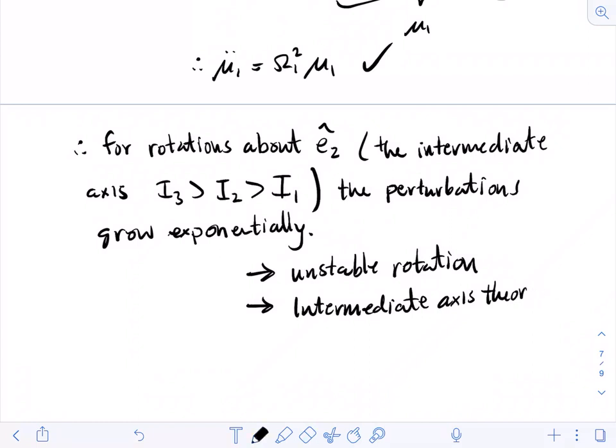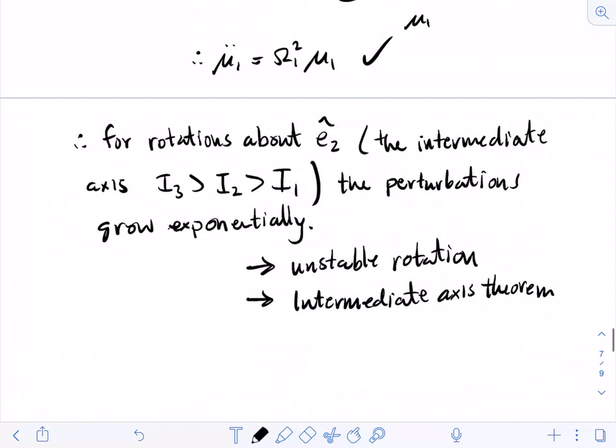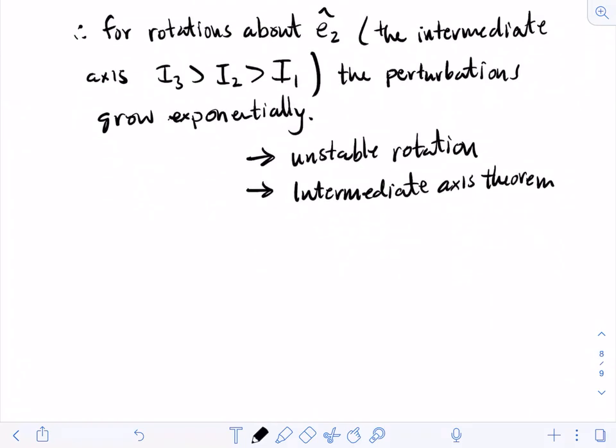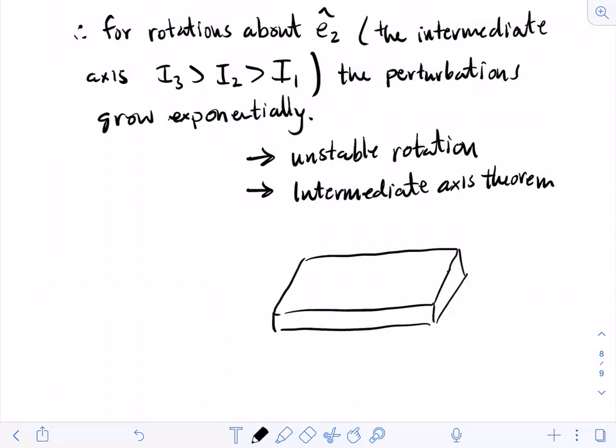So if you take your phone, and here's your phone, something like this, right? And so the intermediate axis is the one that goes through the center of mass in this kind of sense.